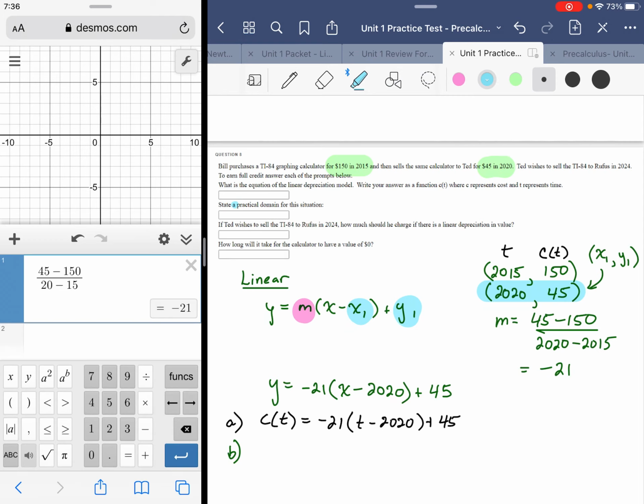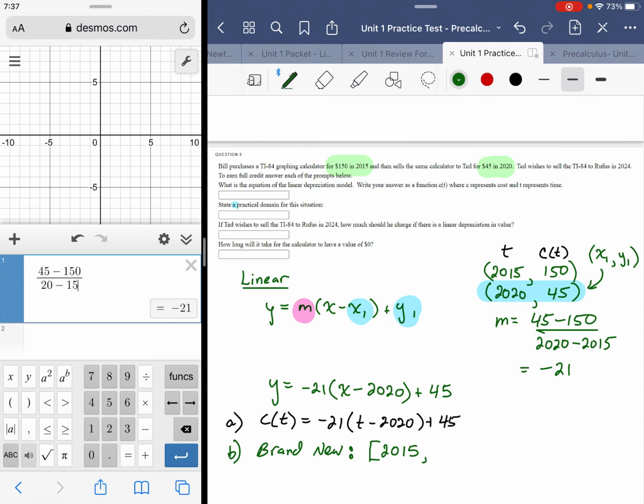So if we operate under the assumption that it's a brand new calculator, we could say that the lowest possible value of time would be 2015. And the highest possible value, I don't know, when would you stop caring about a calculator? We know this guy Rufus is going to buy it in 2024, which is 9 years later.